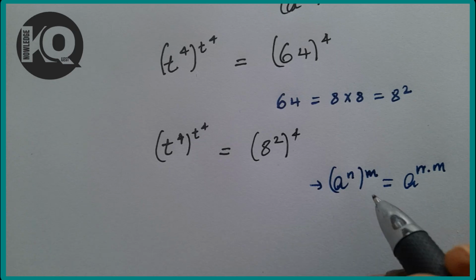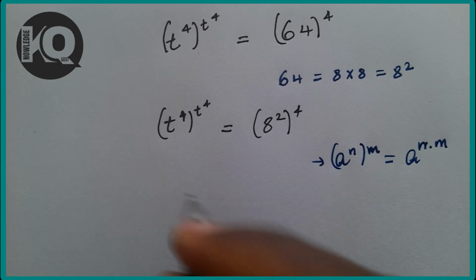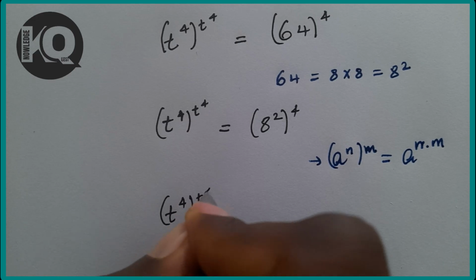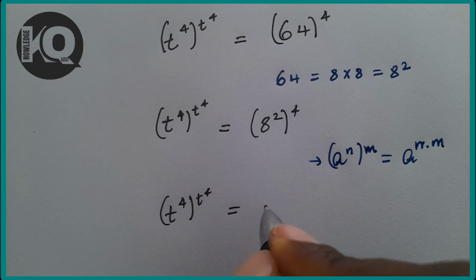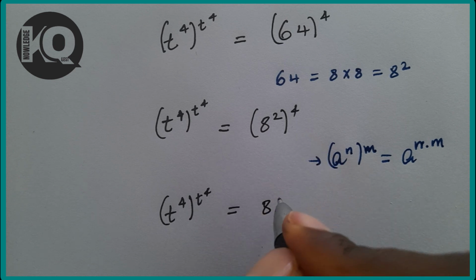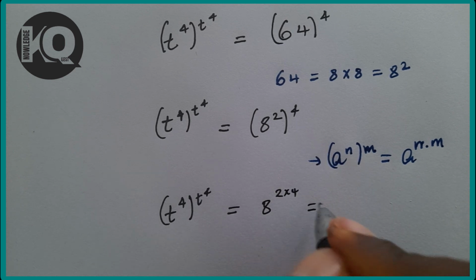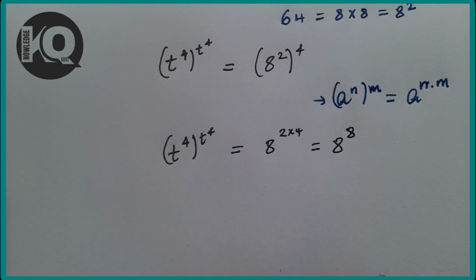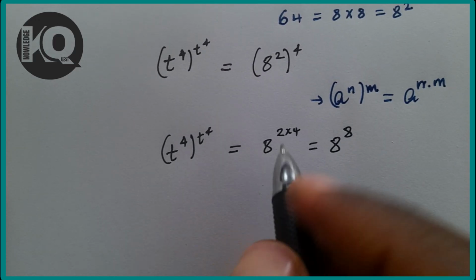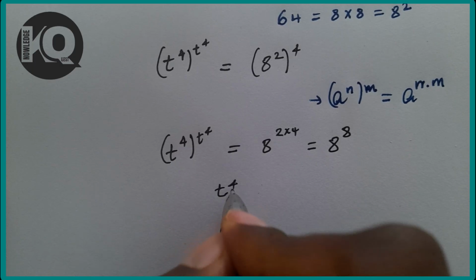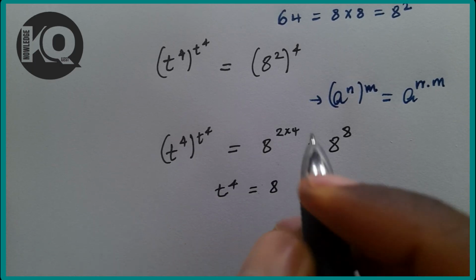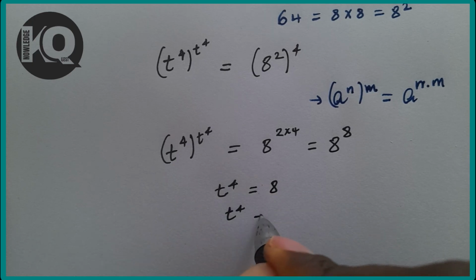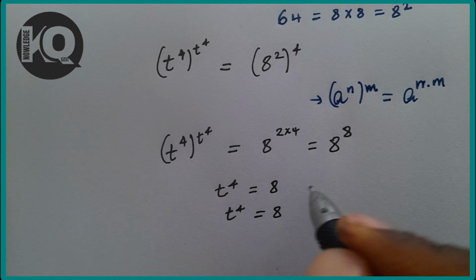Applying this rule to this equation, it will be t power of 4 power of t power of 4, which is equal to 8 power of 2 times 4, which is equal to 8 power of 8. So let's compare the exponents. So t power of 4 is equal to 8, and when we come to the base, t power of 4 is equal to 8 as well.